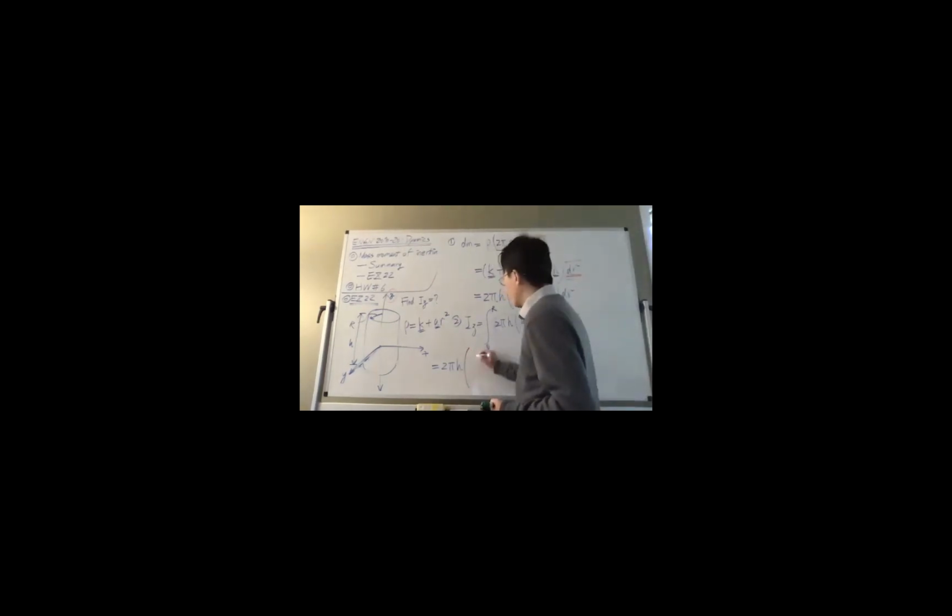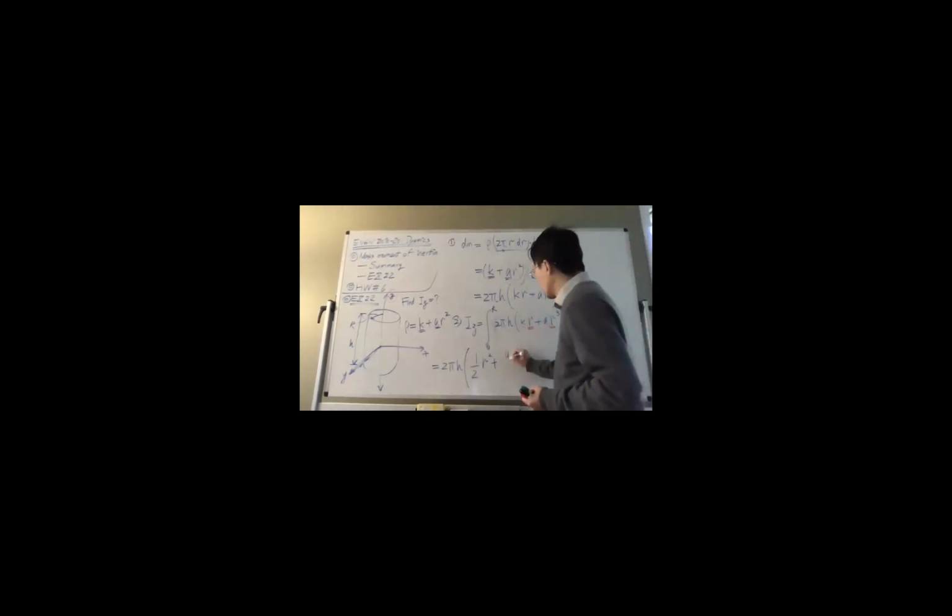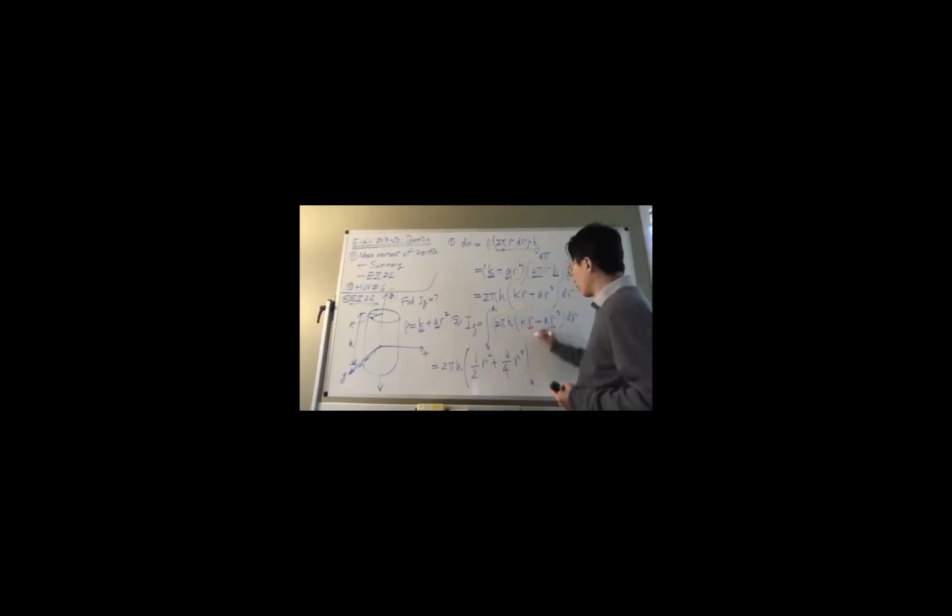So that's what we have. 1/2 r squared plus, what about this? A times r cubed becomes 1/4 times A times R to the fourth. And this integral is from 0 to R. Correct? Because A, K, 2 pi h, they are all constants.